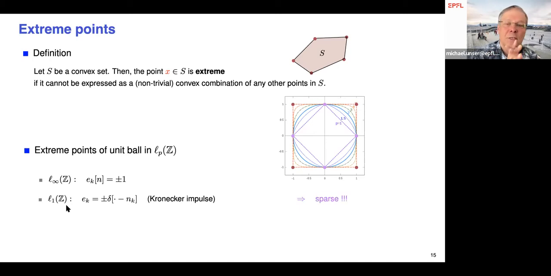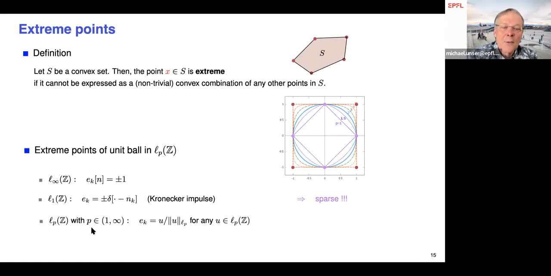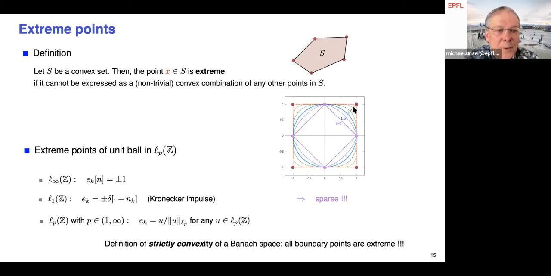Now the other interesting case is L1, where the extreme points are those purple guys, which are inherently sparse. They're like Kronecker deltas with a 1 in one coordinate and 0 otherwise. And otherwise, for the other Lp, actually all points here are extreme, so the result is not so interesting. So then you go to the second part of the theorem. If you have a strictly convex Banach space, all points on this unit ball are extreme points.